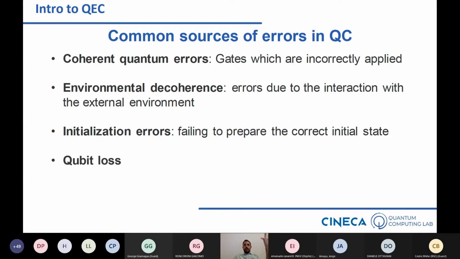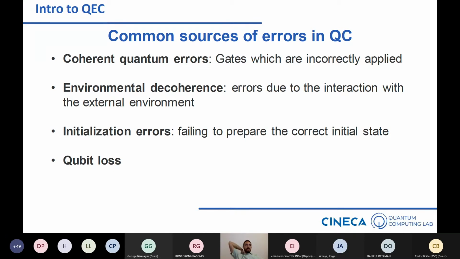For example, you want to apply X, but this doesn't happen, or the fidelity is off, which means the state after the X is not exactly X, it may be something else. Then there is environmental decoherence, which means error due to the interaction of your quantum system or qubit with the external environment.